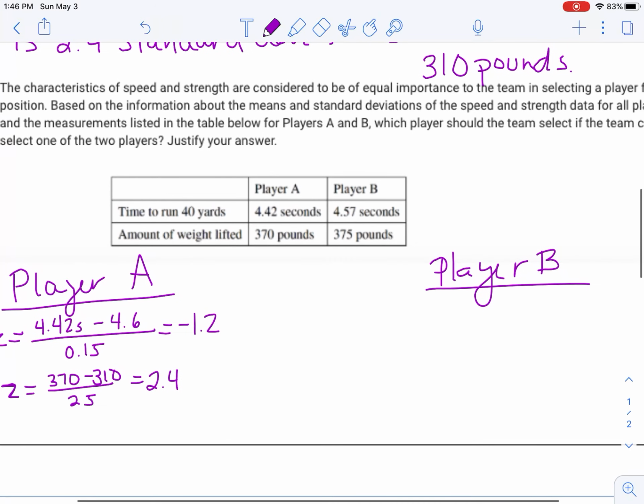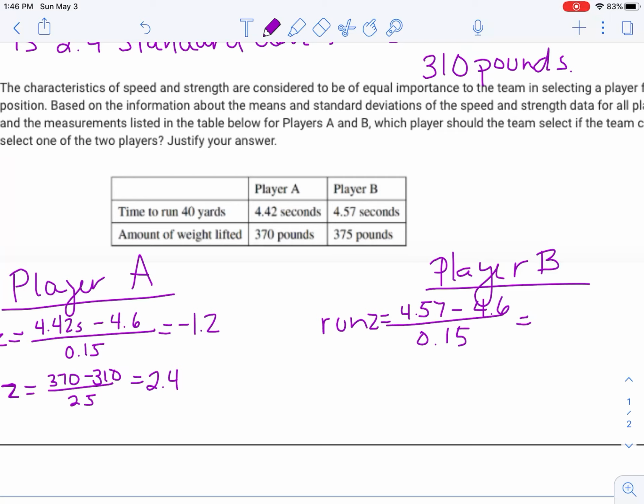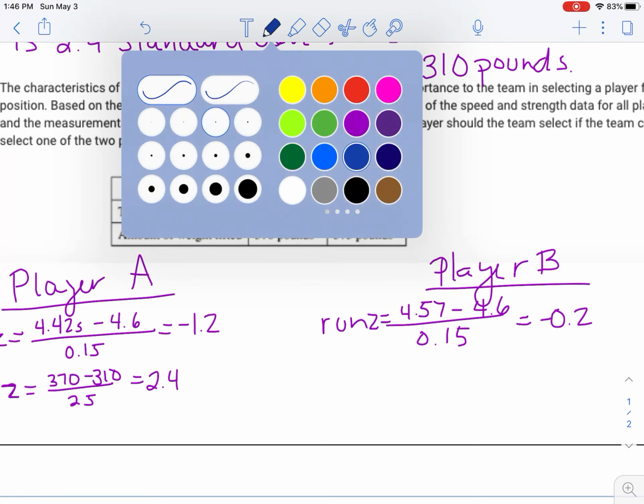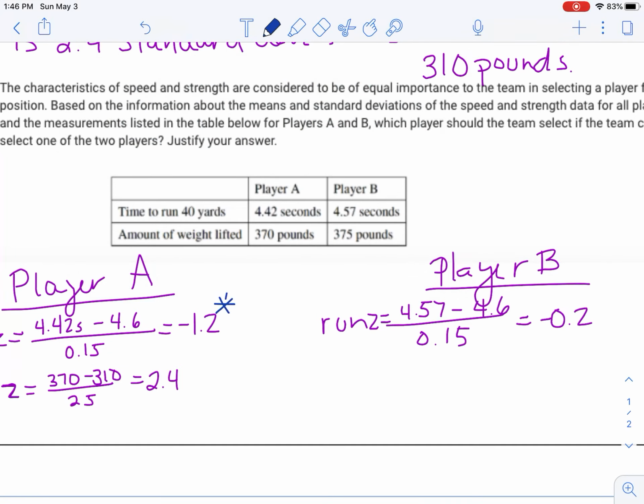Let's see how player B compares. For the run, player B has 4.57 minus that 4.6 over the standard deviation of 0.15, okay, negative 0.2. So his run isn't as good as player A. Player A has a better run time.